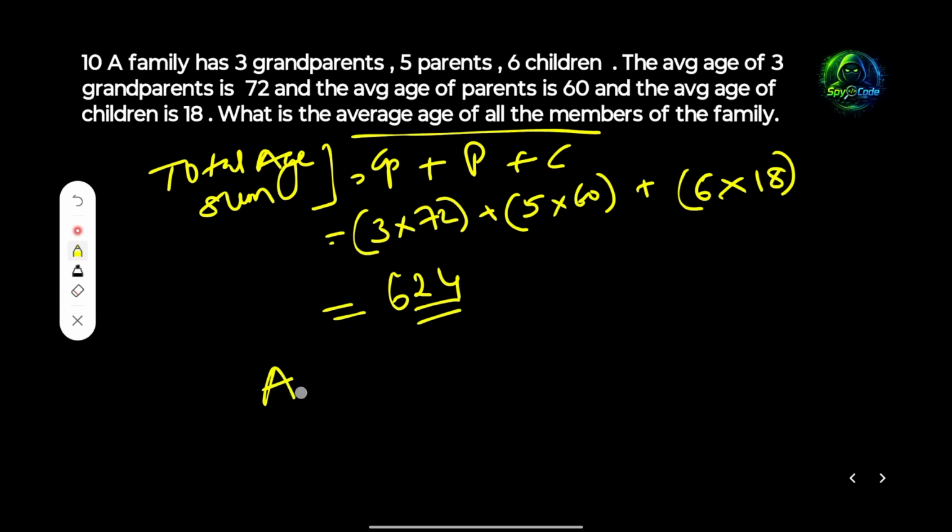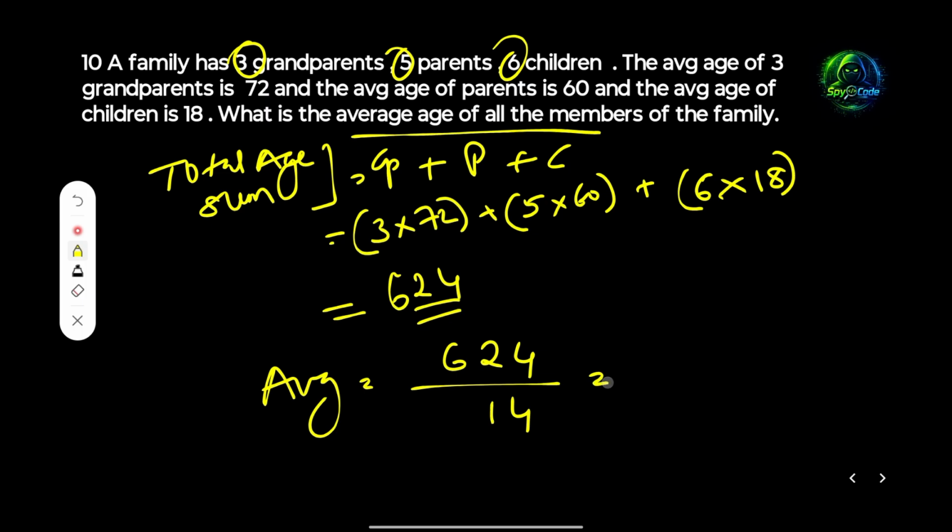Okay. So average is sum 624 divided by total count, 3 plus 5 plus 6. This is around 14. So when you solve this, we get 44.5 years. Okay. This is the average age of all the family members.